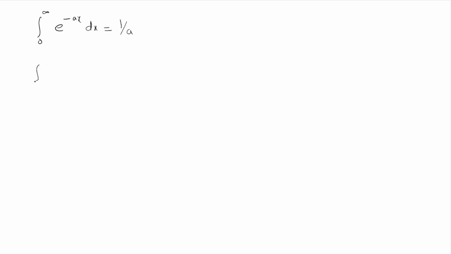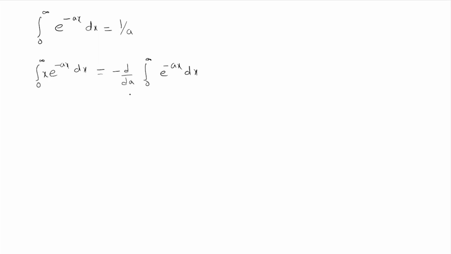Suppose someone gives you the integral from 0 to infinity of x e power minus ax dx. You can write this as minus d over da of the integral from 0 to infinity of e power minus ax dx. Can you see this?